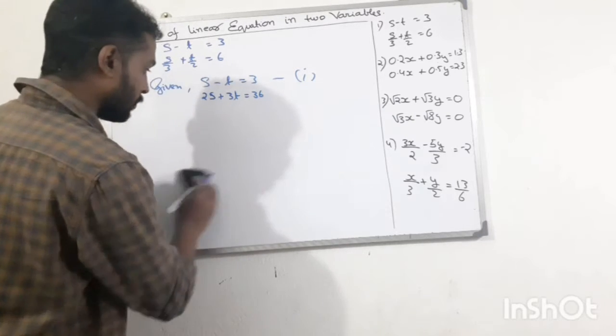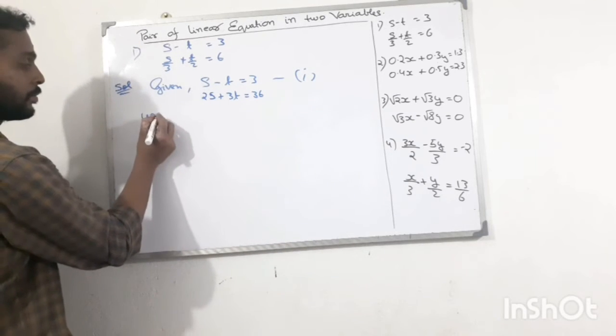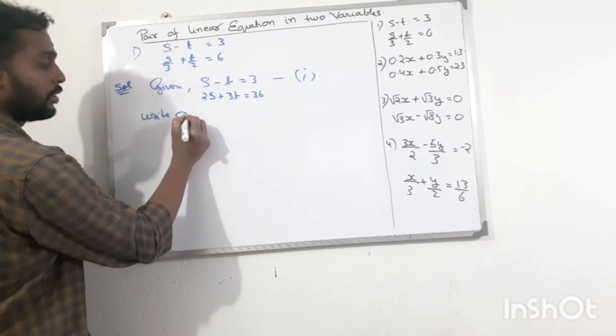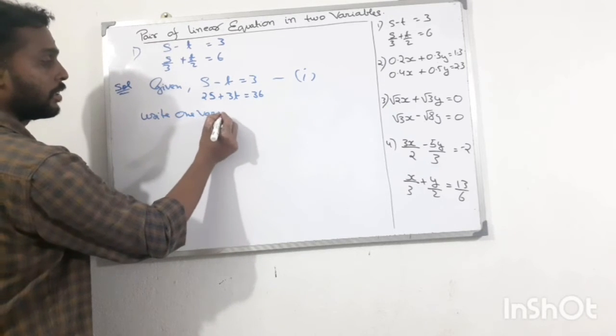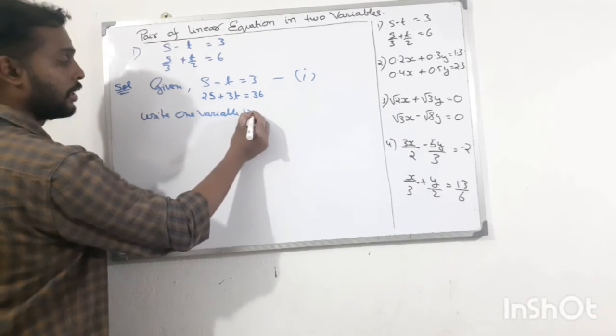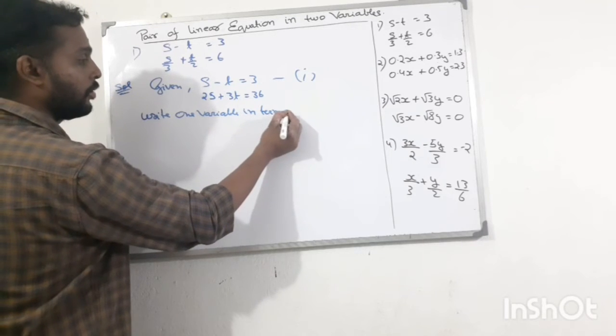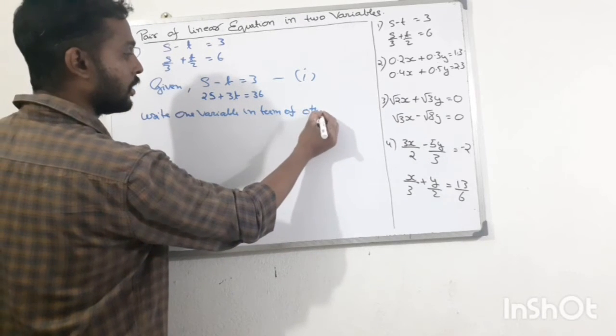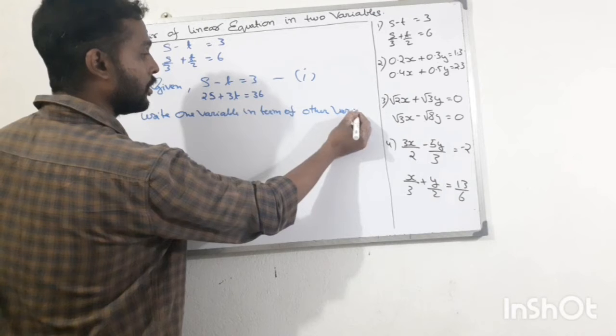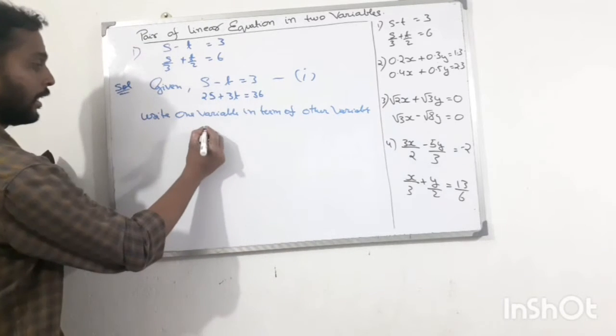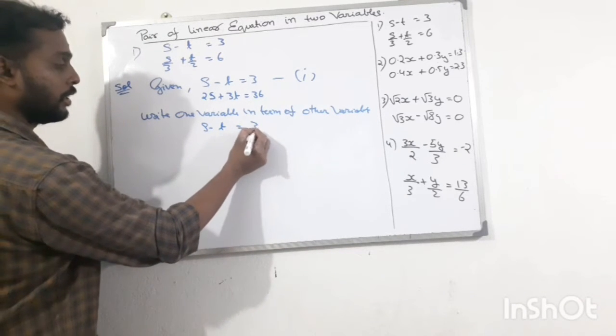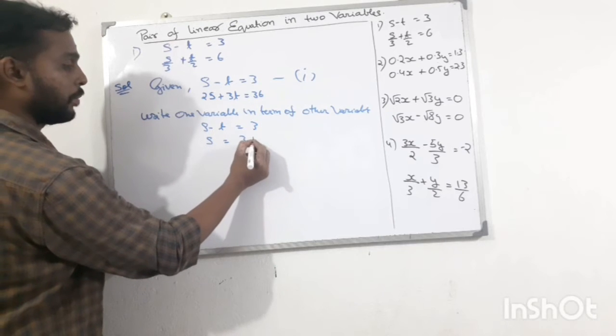Now write one variable in terms of the other variable. Like this way, s minus t is equal to 3, so s is equal to 3 plus t.